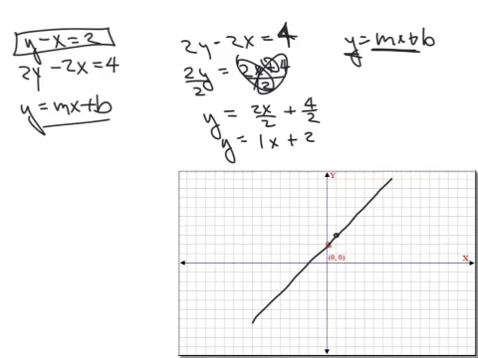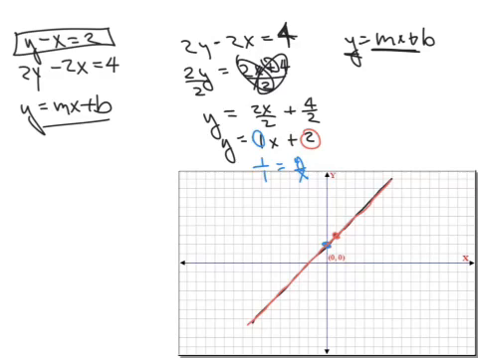So my y-intercept is at 2, so do that in blue. And it's on the same place the other one is. This is 1 over 1, which is my y over x, which means I go up 1 over 1. And lo and behold, my line is the same line.